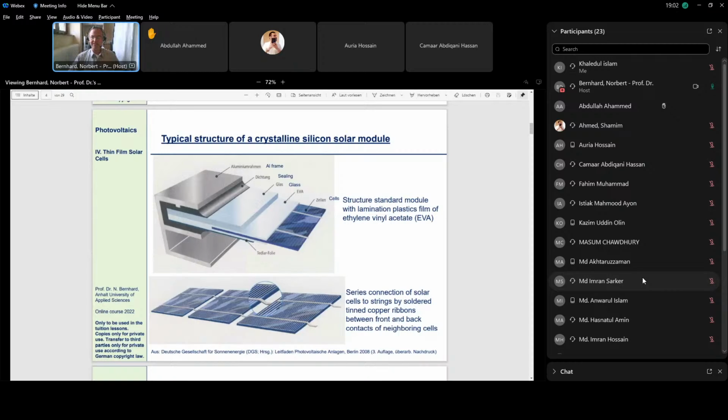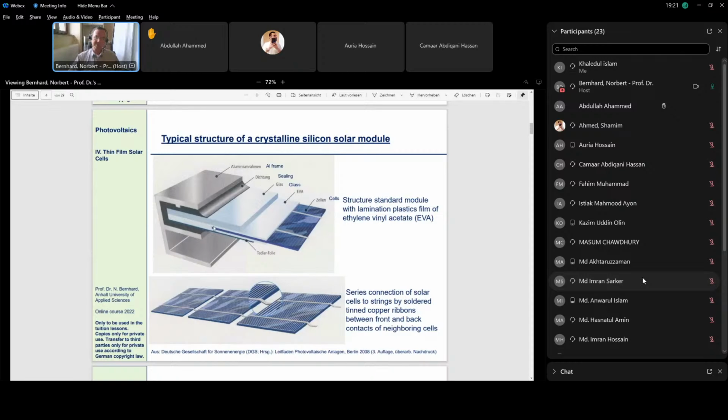It's ethylene vinyl acetate. And the solar cells themselves are embedded in this EVA, which happens by a lamination process, as we will see later.